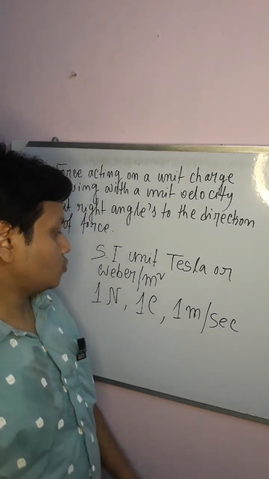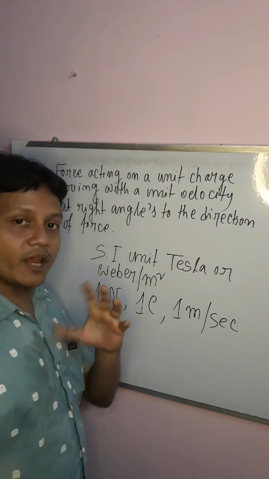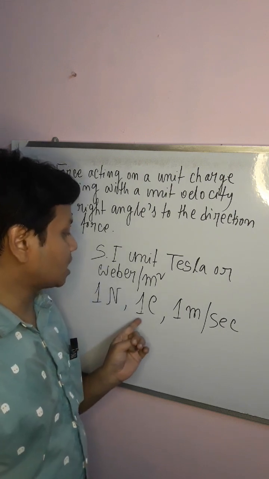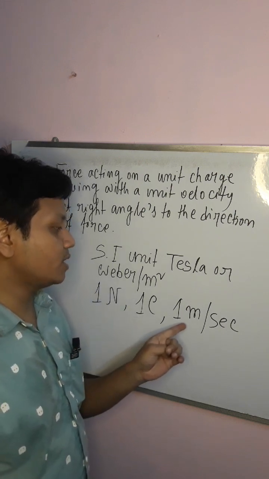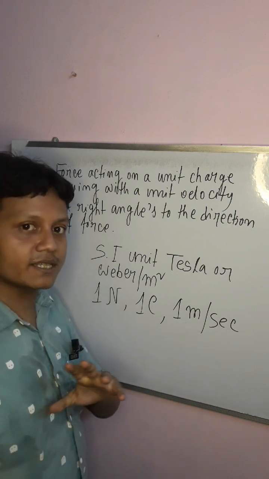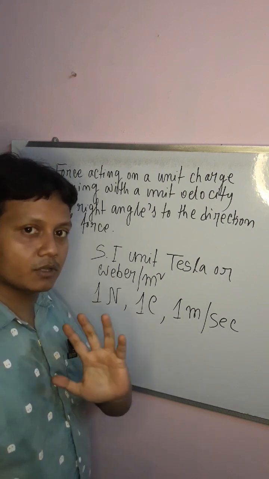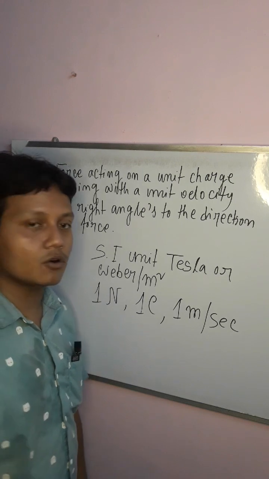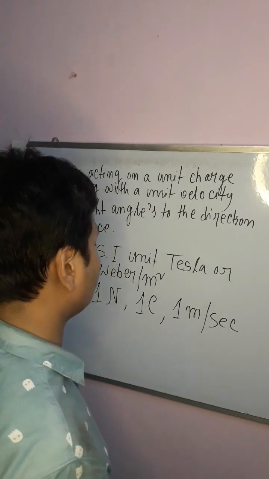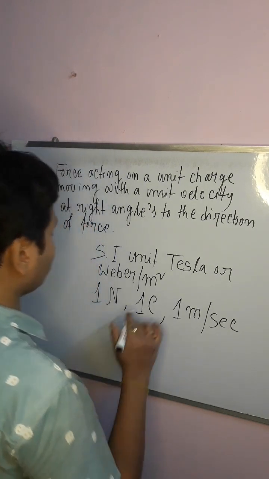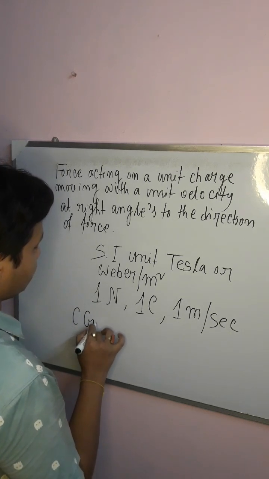So when a 1 Newton force acts on a charge of 1 coulomb moving with a velocity of 1 meter per second at right angles to the direction of the field, then the field strength is called 1 Tesla or Weber per meter square.